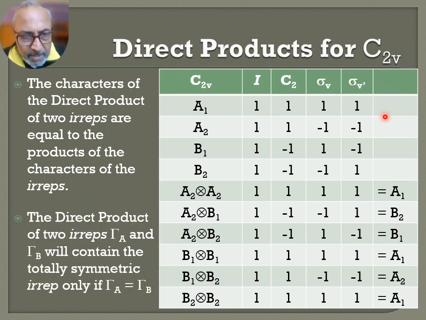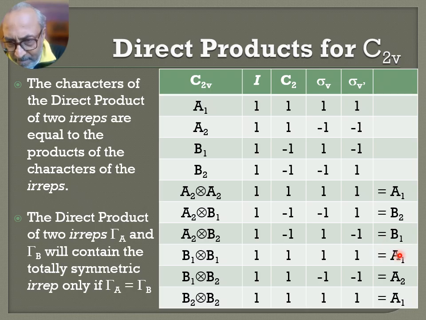And we can see that the direct product of two irreducible representations, gamma A and gamma B, will contain the totally symmetric irreducible representation only if gamma A is equal to gamma B. That means the direct product is equal to A1 only if we are multiplying an irreducible representation with itself, like here A2 times A2.